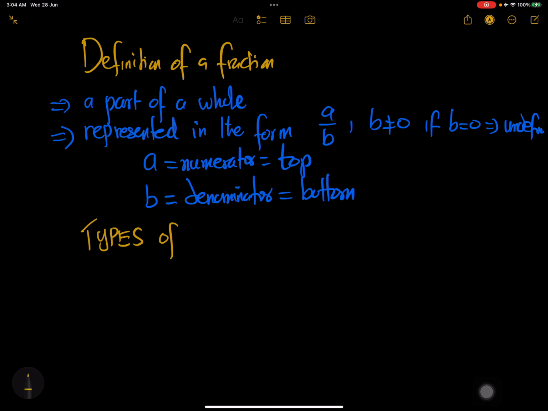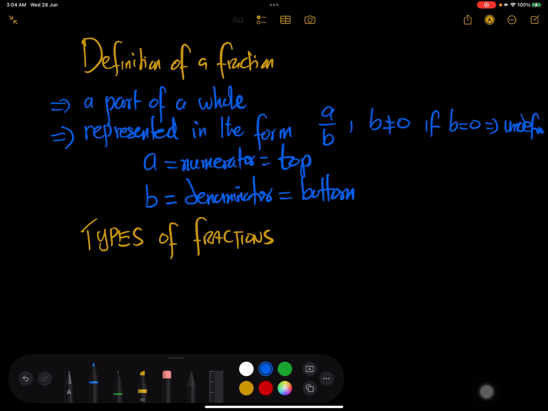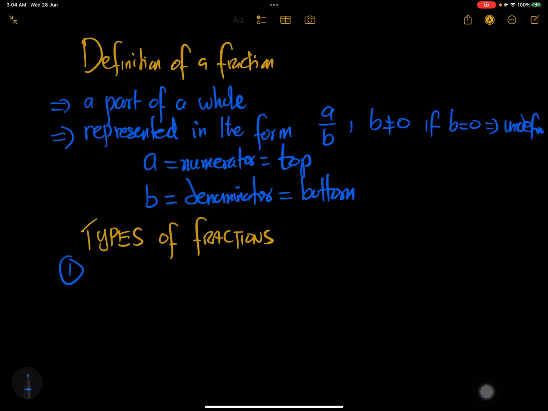We're going to look at the types of fractions. The first type is known as the proper fraction, and usually the A is smaller.